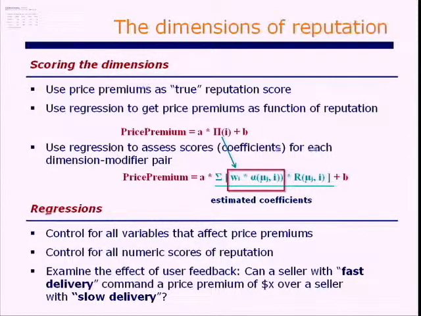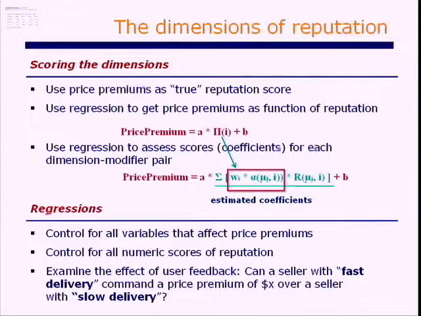And so the scores that we're going to estimate now, which will account for the quantitative variables like lifetime, numerical rating, and so on. And so there's one independent variable associated with each dimension modifier pair. And eventually, the coefficient of that variable gives you a sense for how important that dimension modifier pair is.